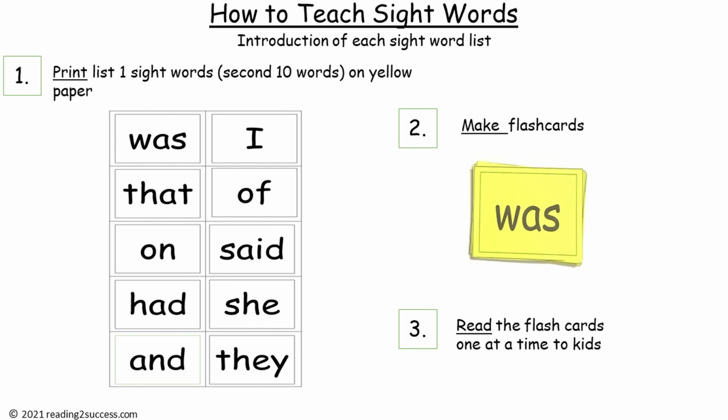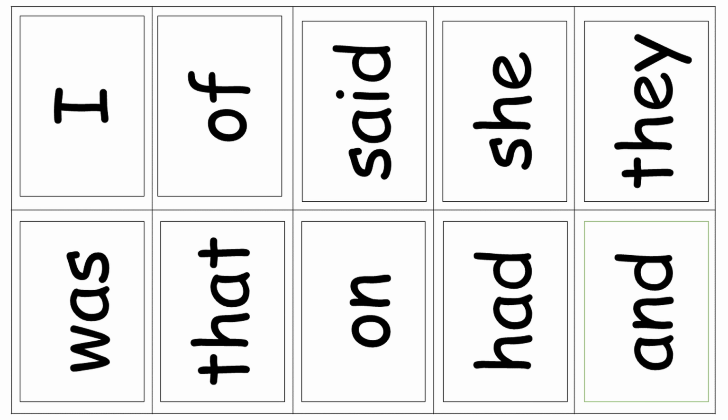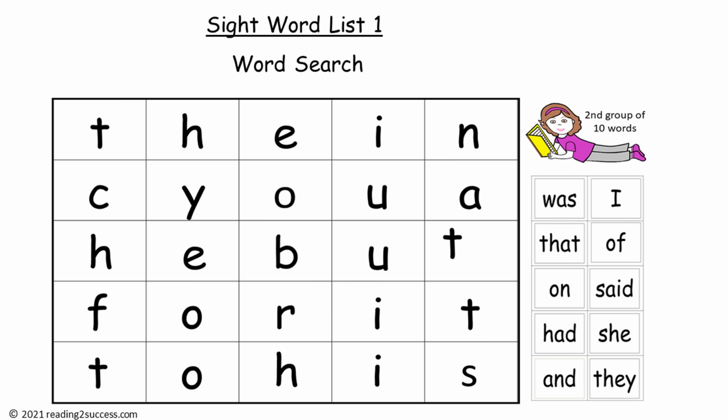Now introduce kids to the second 10 words of list 1. Was, that, on, had, and, I, of, said, she, they. This is the template for the second group of sight words for list 1. Now have kids complete the word search for the second part of sight word list 1.